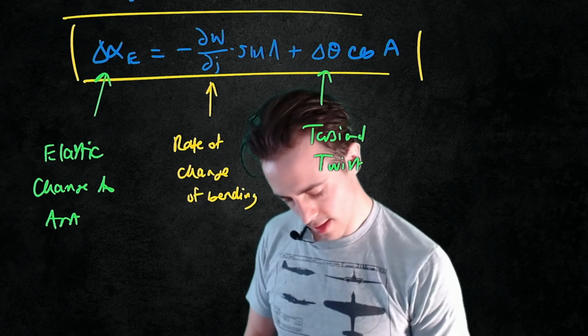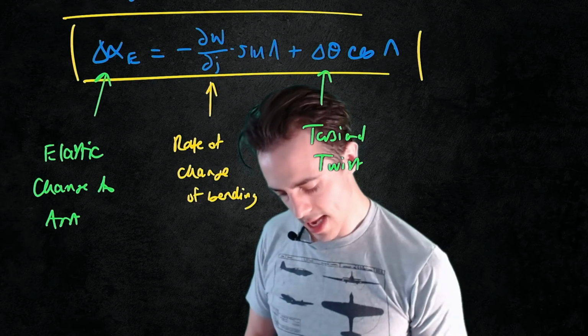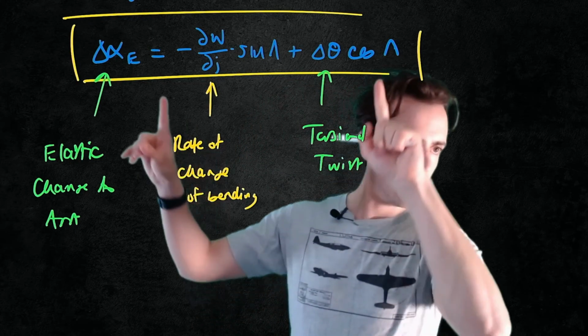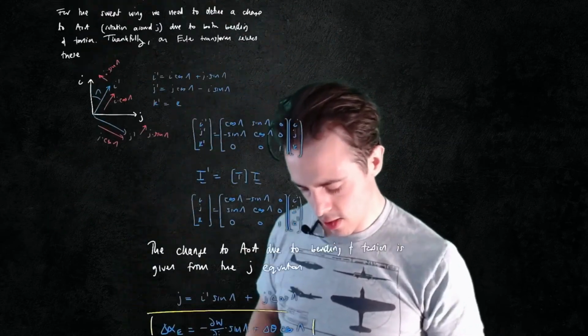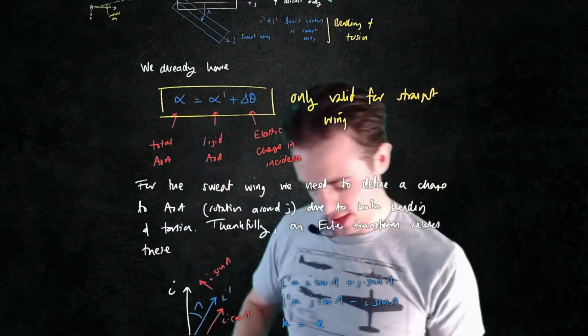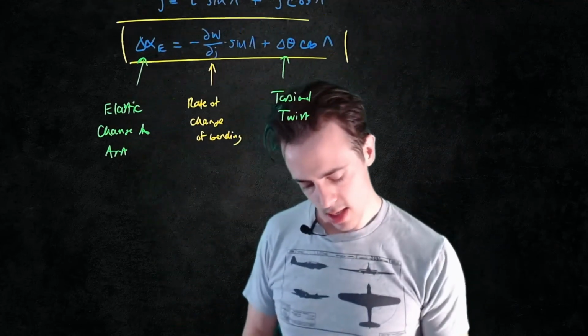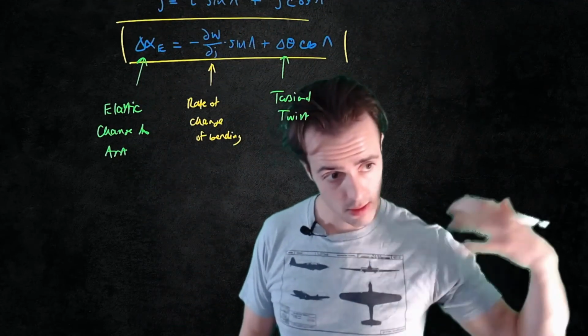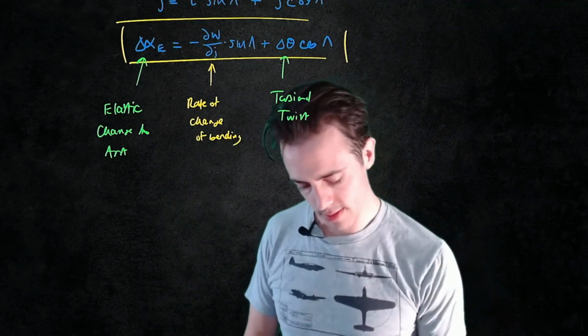Let's just erase that, so that's actually a lambda and not an A. Now this expression here we can use in place of the delta theta here. So I'm going to rewrite this expression now for a swept wing.